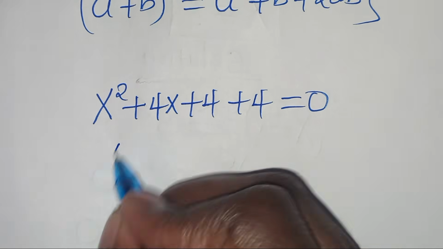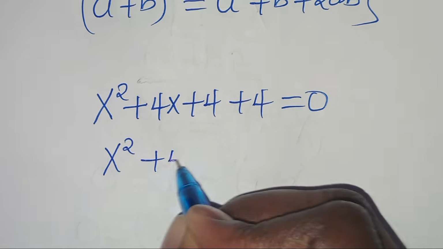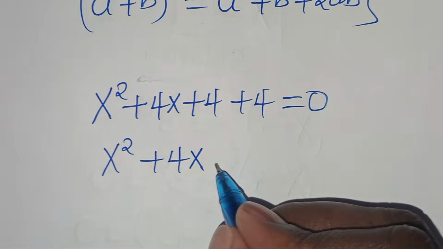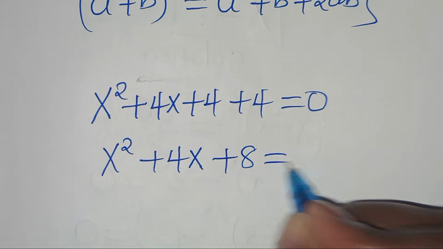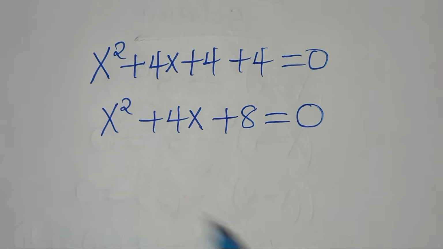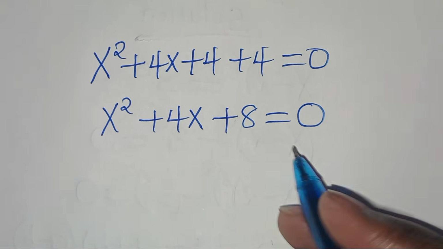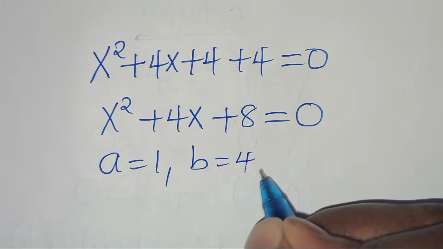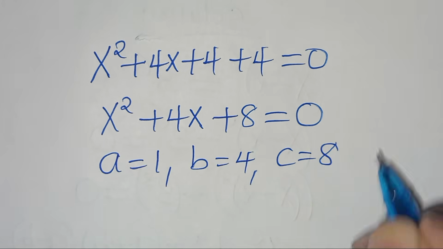So this is x^2 + 4x, then we have 4 + 4, which is 8, equal to 0. This is a quadratic equation where a is 1, b is 4, and c is 8.